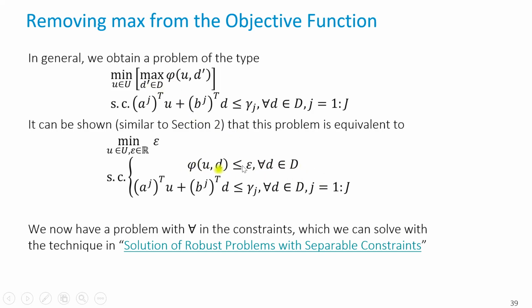So at the cost of adding one single additional optimization variable, we can get rid of this max, and also, by the way, of this computation of expectation, etc. So this is why this is very often used. It is because it's very simple to solve practically. Of course, we have here to solve for this, but we have seen how to do that.